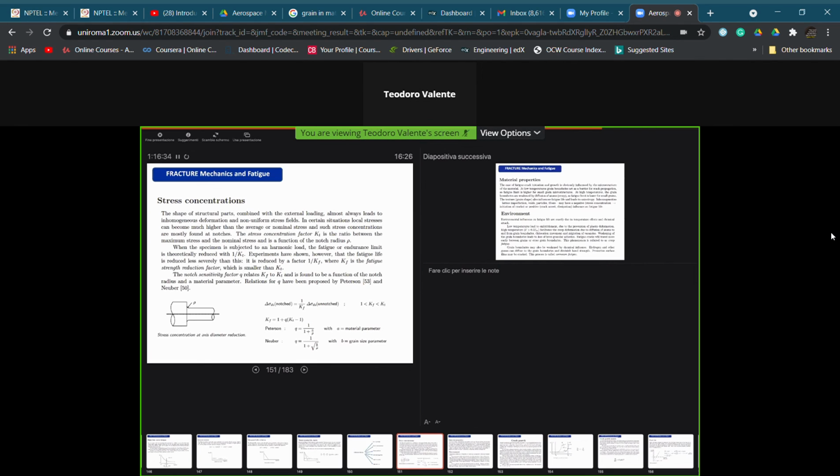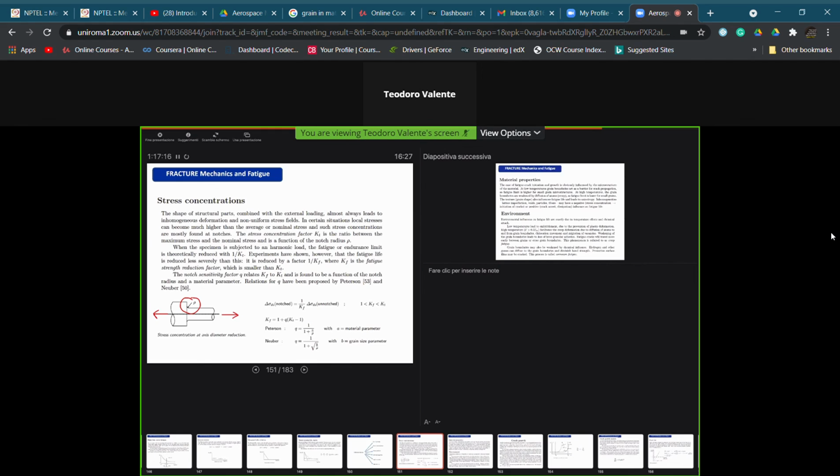When we have a sort of discontinuity in the cross-section of any material, like, for example, in this case, where we have a curvature radius, if we think to subject this component to a constant applied load, and obviously the same applies if the load is cyclically varying, well, due to the presence of this cross-section discontinuity here, depending on the radius of curvature, we have a stress concentration.